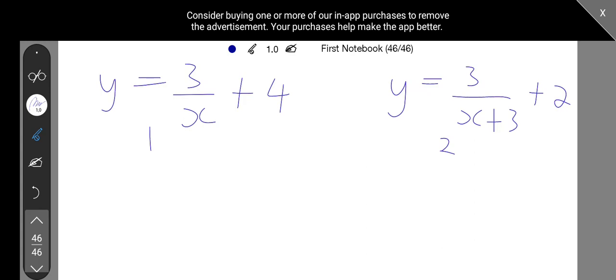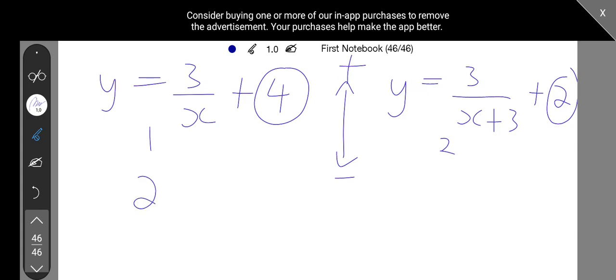Tell us how graph 1 moved to form graph 2. We check the value of q. This tells us about the vertical shifting, up and down. Positive is when we go up, negative is when we go down. How did we move from 4 to 2? We minus 2. This means the graph went 2 units down.